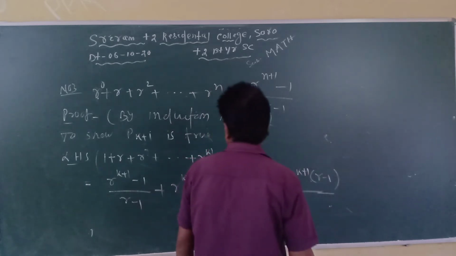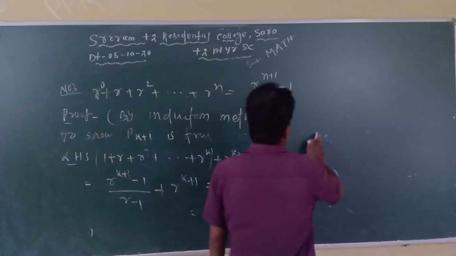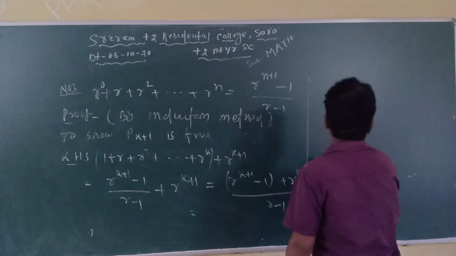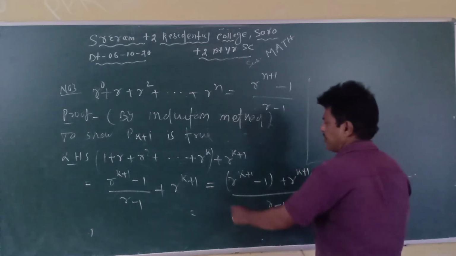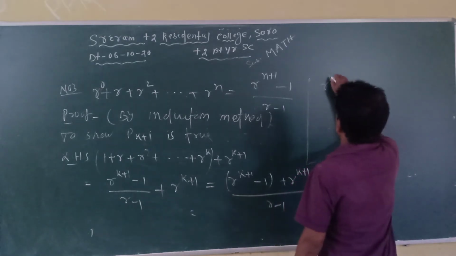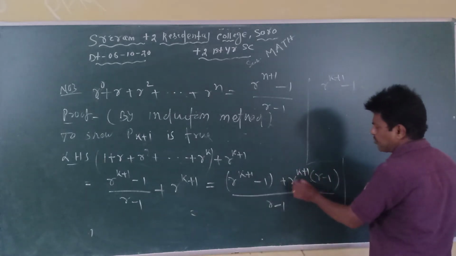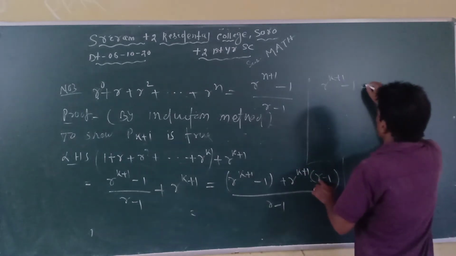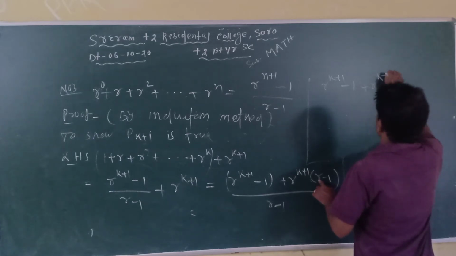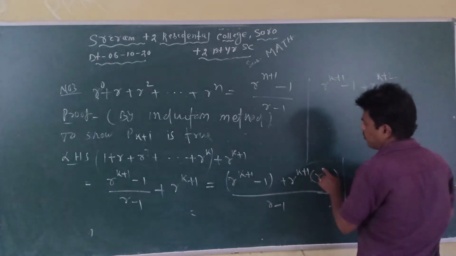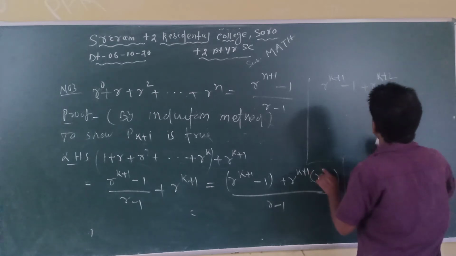You look how to solve. That is equal to r to the power k plus 1 minus 1, plus r to the k plus 1 into r, which is r to the power k plus 2, because the base is the same, so powers are added, k plus 1 plus 1 is equal to k plus 2.